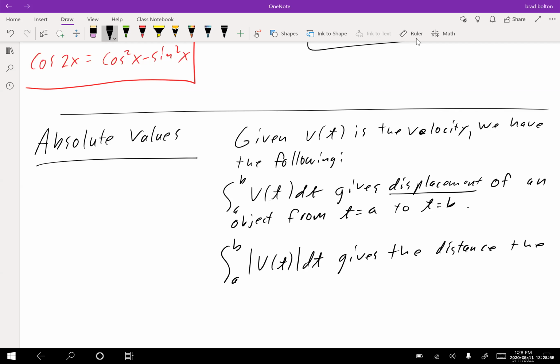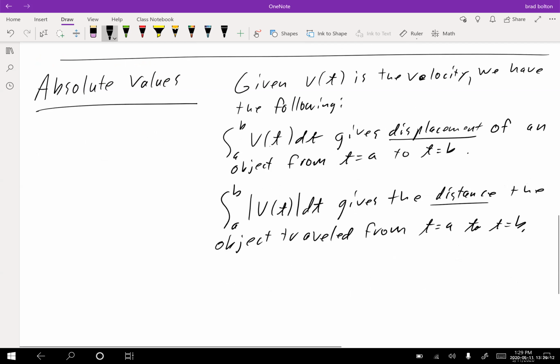So this one is displacement, this one is distance, the object traveled from t equals a to t equals b.